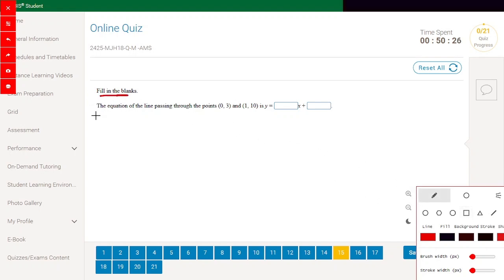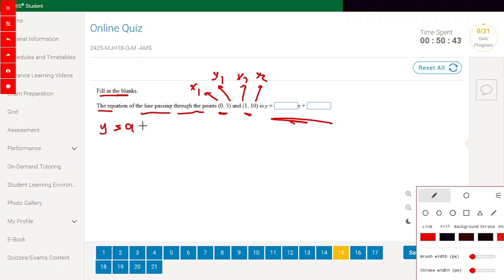Fill in the blanks. The equation of the line passing through the point 0 and 3, x1, y1, and 1 and 10, x2, y2. Let's see the equation. The equation will be ax plus b, where a is the slope.